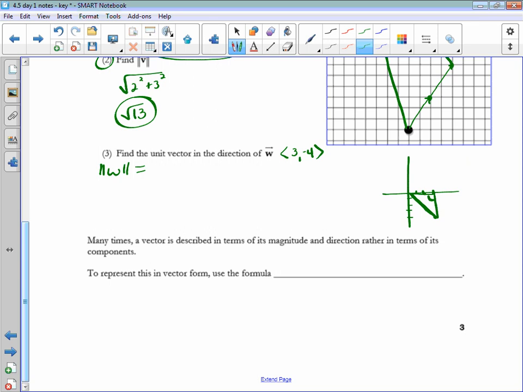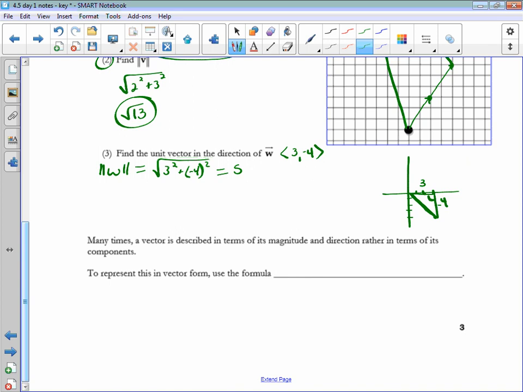This side is 3, this side is 4. How would you find the hypotenuse? Wouldn't you just do 3 squared plus -4 squared and take the square root? That's all that formula is telling you to do. And do we know what we're going to get? 5, yeah.